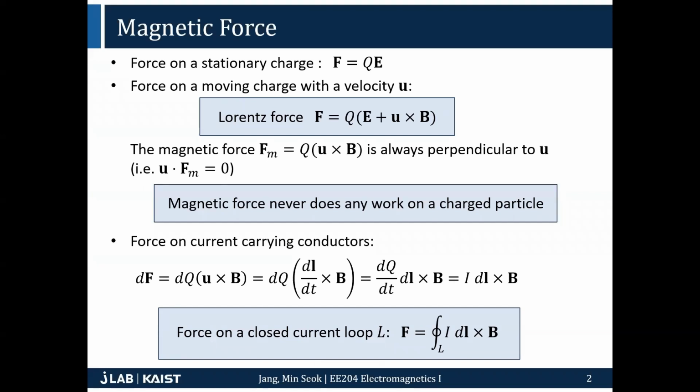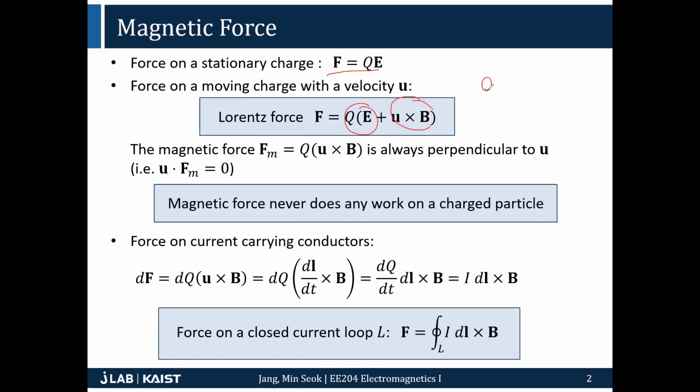So everyone knows about the stationary force, like the electrostatic force at the moment, right? F equals QE. This is just a force due to a stationary charge. And then you probably also learned in your high school physics that you have a Lorentz force. So the Lorentz force is not only the electric force, but also the magnetic force, right?